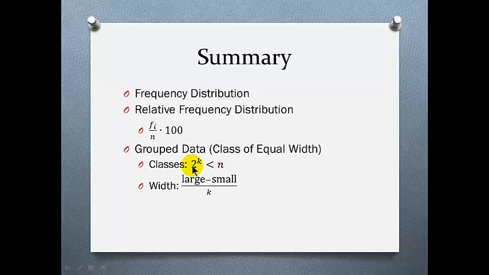And we would just try numbers, try 6, try 7, until you ended up bigger than the number of data values. And so it's the largest exponent that stayed smaller than the number of responses. And that told us the number of classes, and then we could find the width by taking the largest number minus the smallest number and divide by the number of classes, and always round that up.